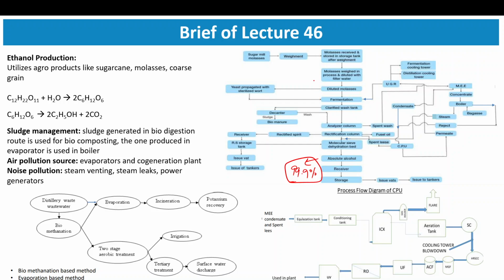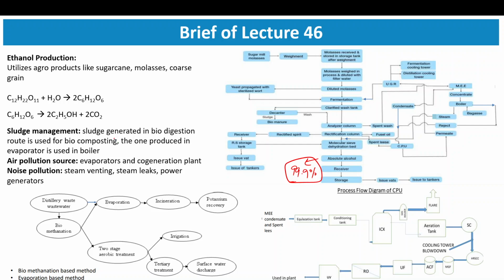All such equipment and steps generate wastewater streams and sludge. The sludge that is formed is mainly obtained after decantation, which is used for biodigestion and biocomposting. Another way you can use it is, it has high calorific value, so you can send it to the boiler.